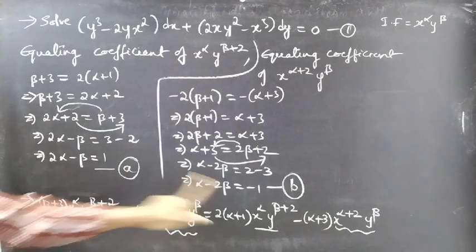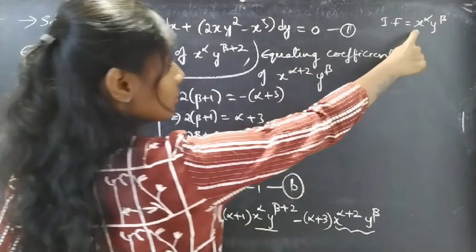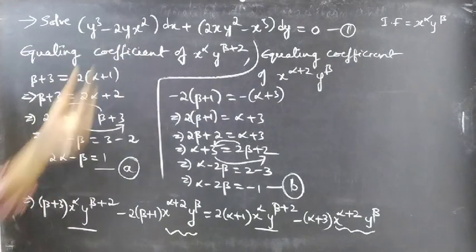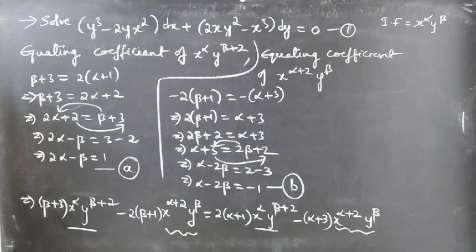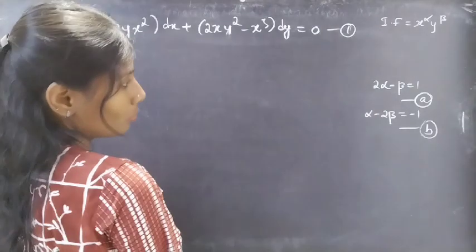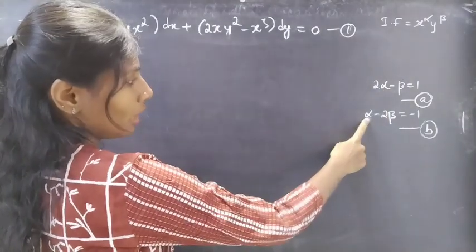Now by solving equation A and equation B, we'll get α and β, and finally we'll put that α and β in the integrating factor and multiply the given equation by the original integrating factor, after finding α and β. So we have equation A and equation B. In equation A you have 2α, in equation B we have α, right?